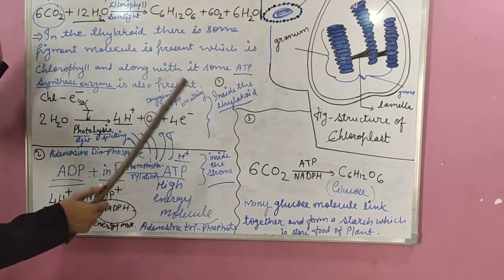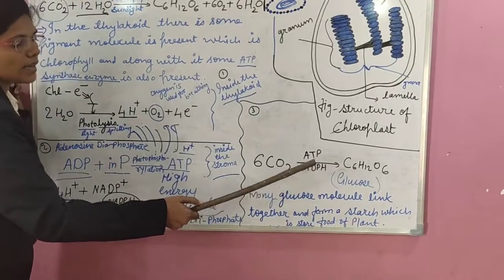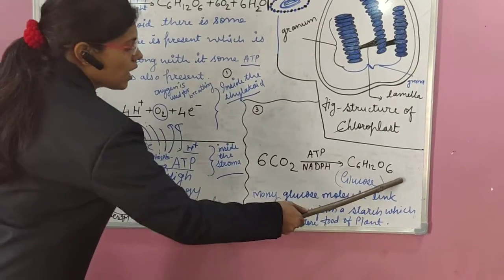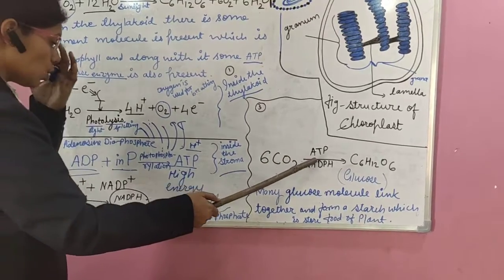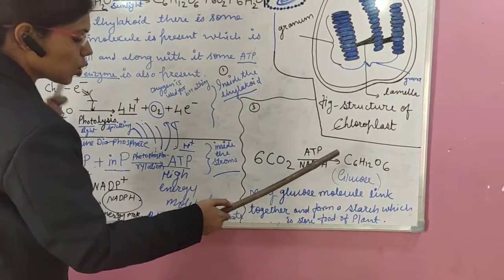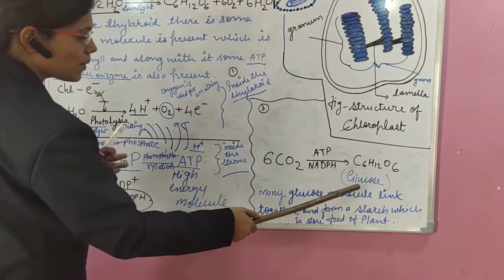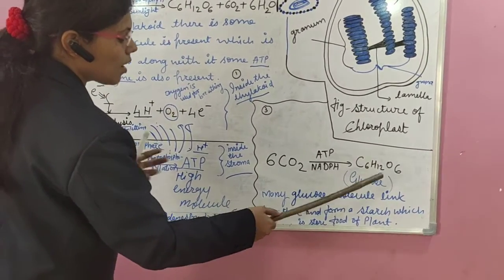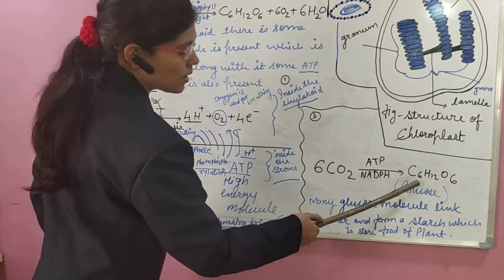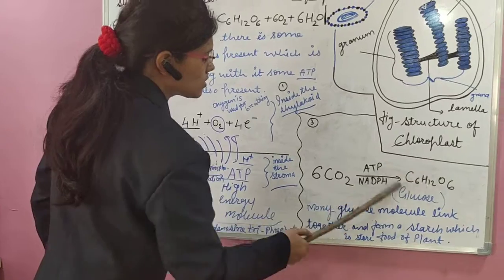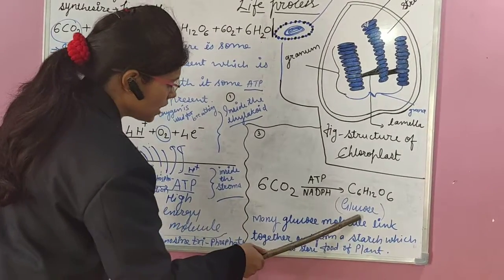Carbon dioxide in the presence of ATP and NADPH forms a carbohydrate. In simple words, it is glucose, with the formula C6H12O6.